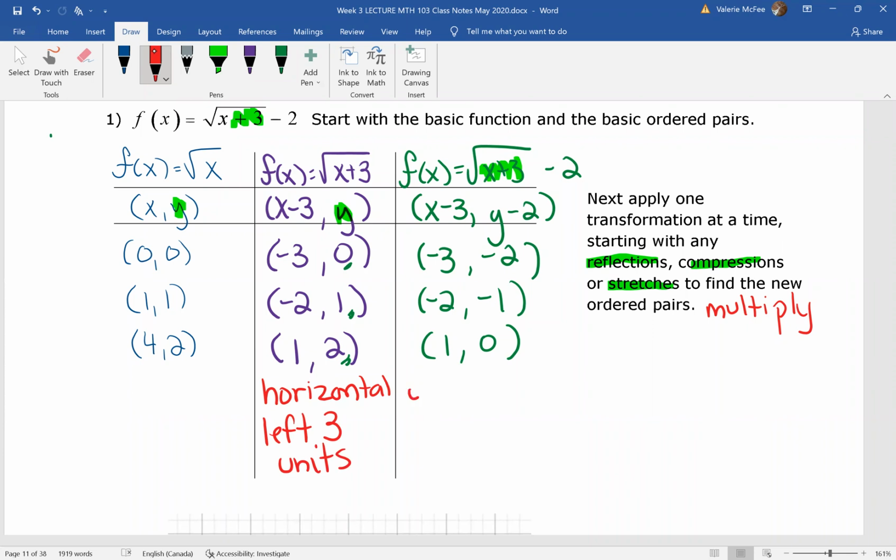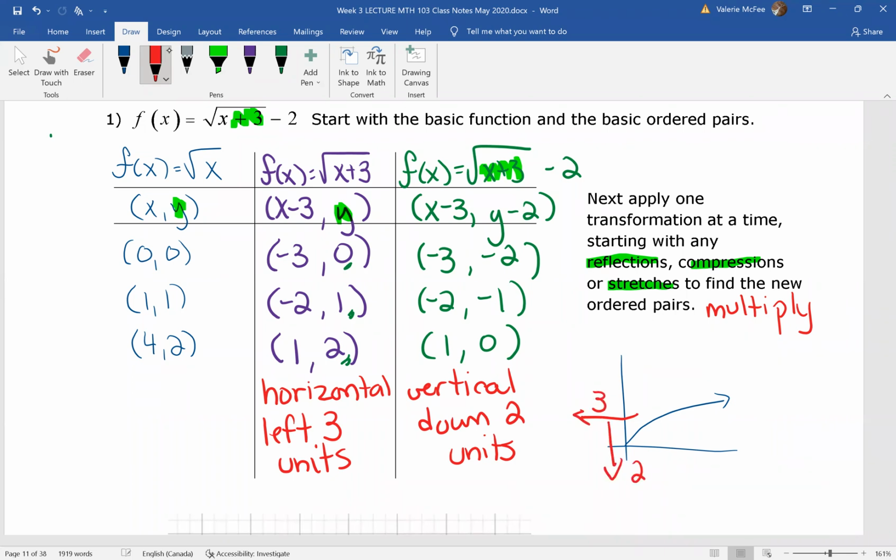It's vertical, down 2 units. So you know what the basic graph looks like. You've memorized that square root function. And now you know that we're going to shift it left 3 units and down 2 units. Why don't you graph those ordered pairs in the final column and see what your new graph looks like?